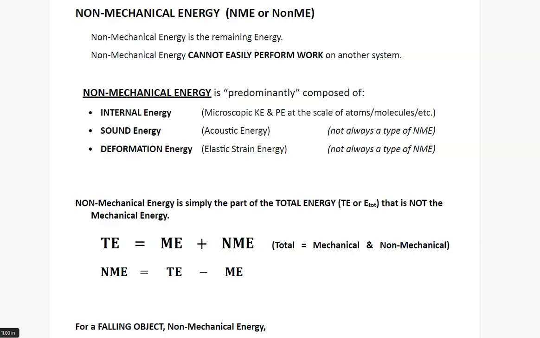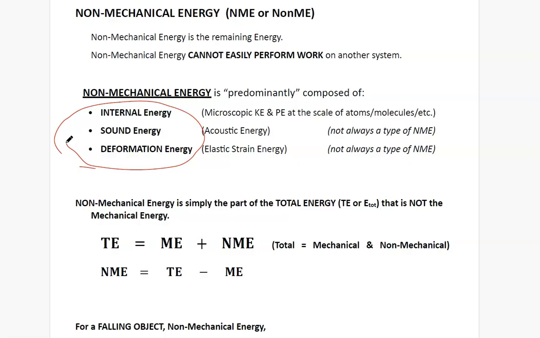And you're responsible for just knowing the existence of 3 of these. You don't have to calculate them. You don't have to know any details about them. You should just know these 3 are the forms of non-mechanical energy. And what are they? Internal energy is essentially the movement of atoms and molecules at a very, very tiny scale.